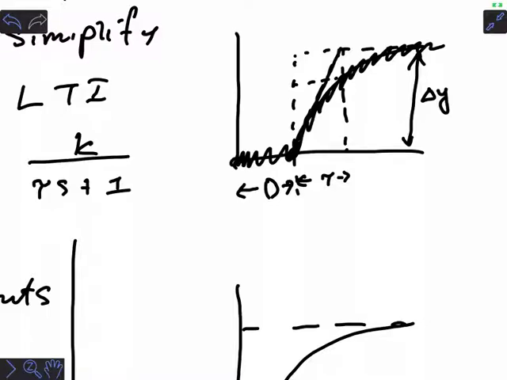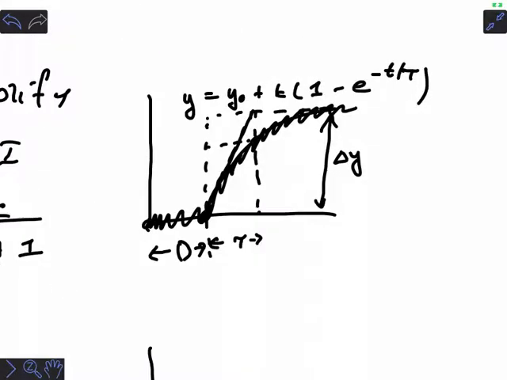So if you just take a first order plus dead time system, you simulate the first order plus dead time system, you can recover exactly those parameters by either drawing this like this, or you could just write down the actual function.